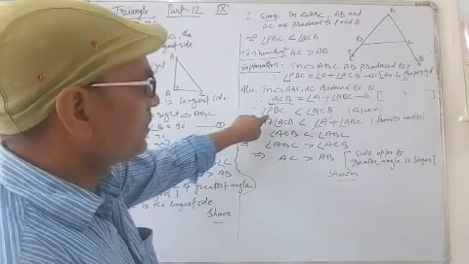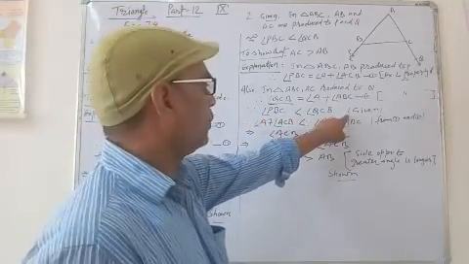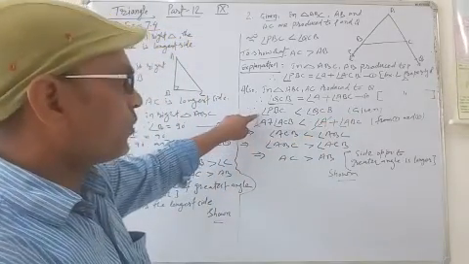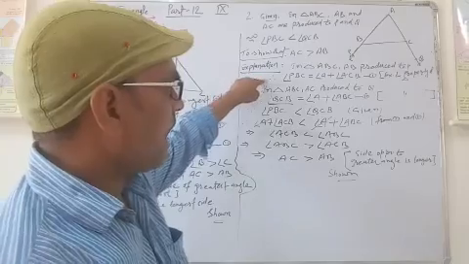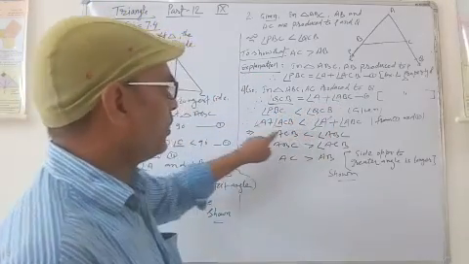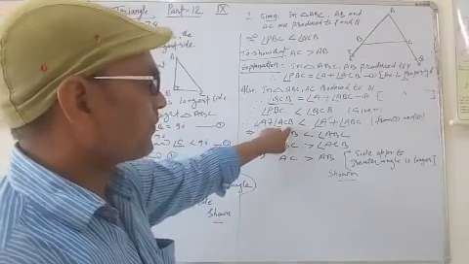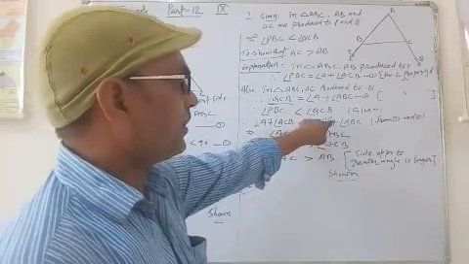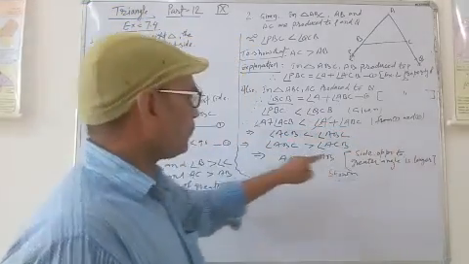Now, since angle PBC is less than angle QCB, given, we put the value of angle PBC from equation 1 and value of angle QCB from equation 2. Here angle A plus angle ACB is less than angle A plus angle ABC from equation 1 and 2.